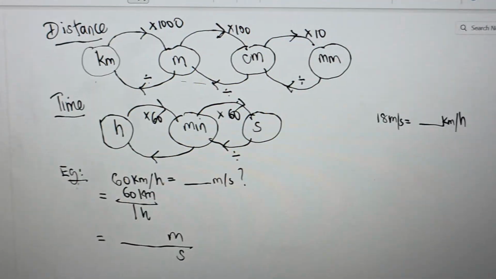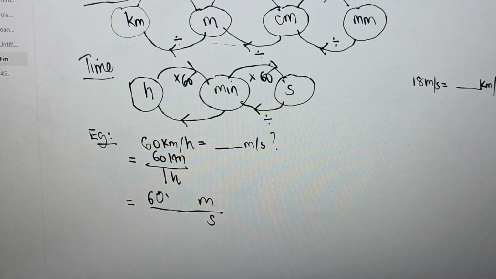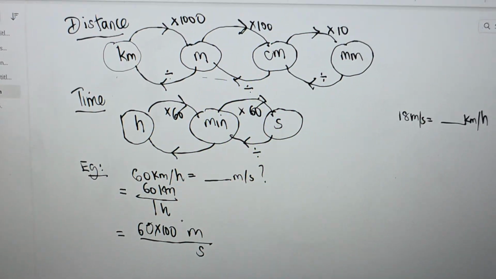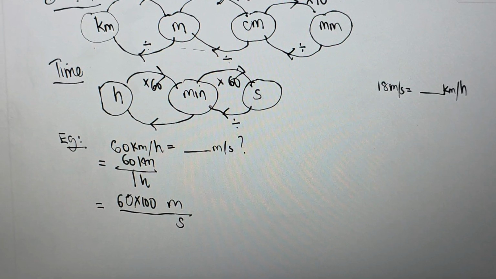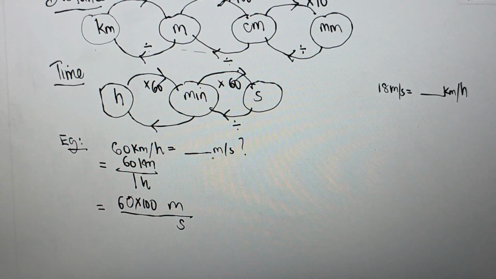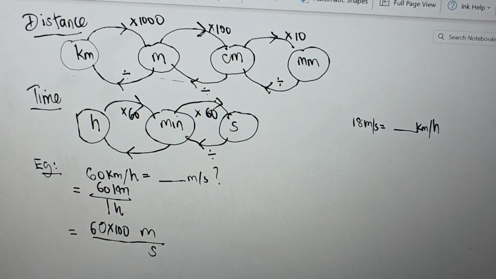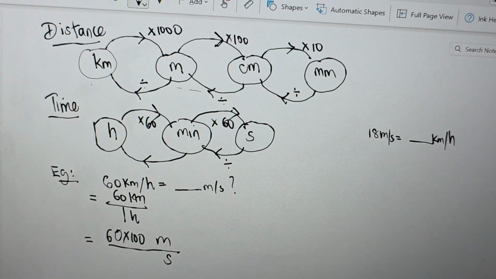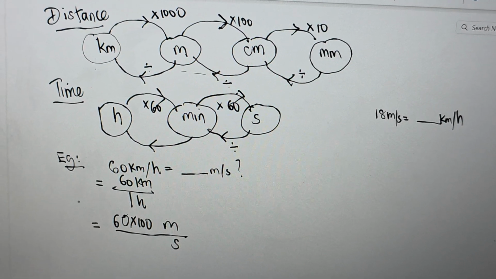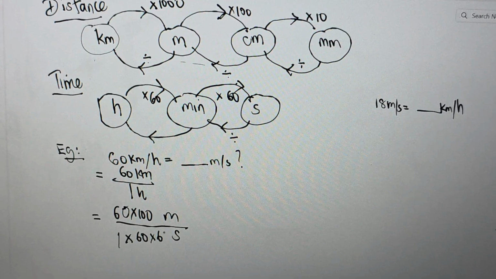I times 1000, so it will be 60 times 1000. At the denominator, I want 1 hour to be converted into seconds. I multiply by 60, so the 1, I times 60 times 60.